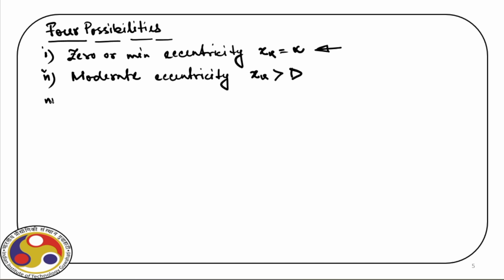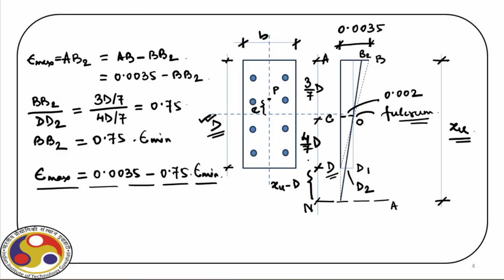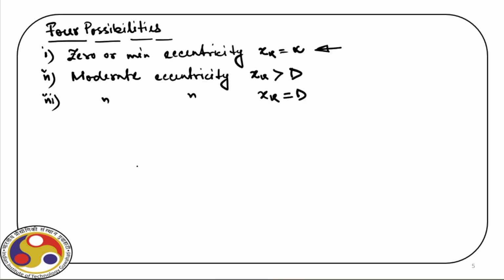The third option, again we have moderate eccentricity, which is a special case of the second option. It is XU equal to D. So that means the neutral axis is lying at the other end of the column. So this is the location. If that is the case, XU equal to capital D, so that is the third case.